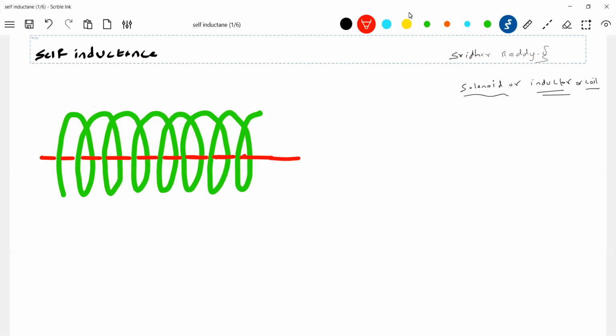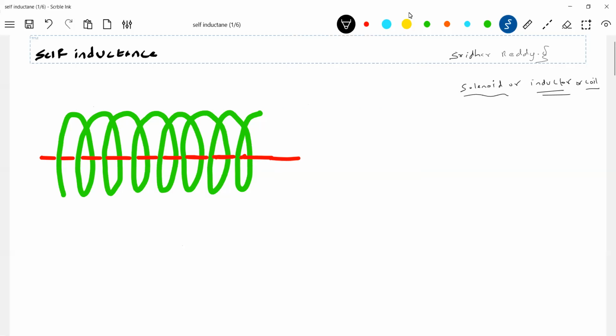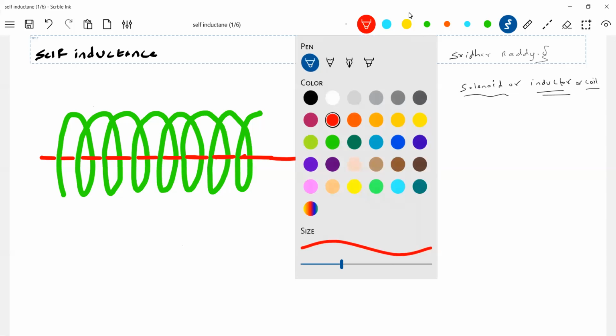I'm going to wind a wire on it. It's like a spring. So this is the axis of the solenoid.